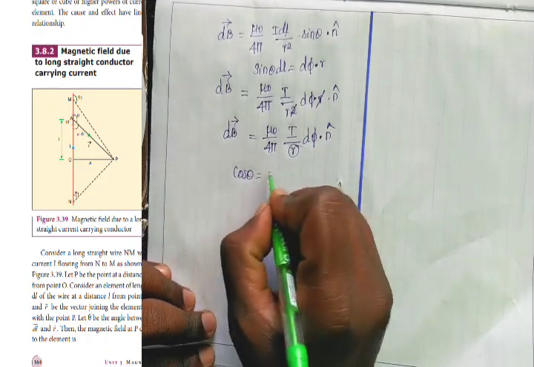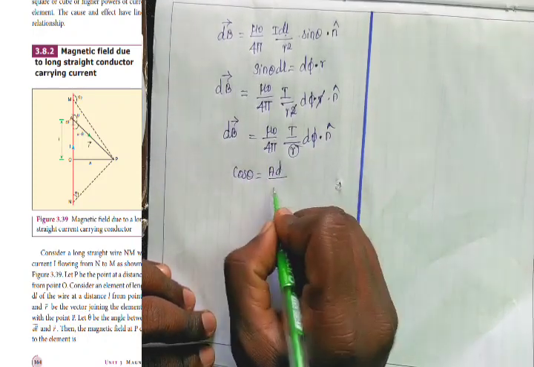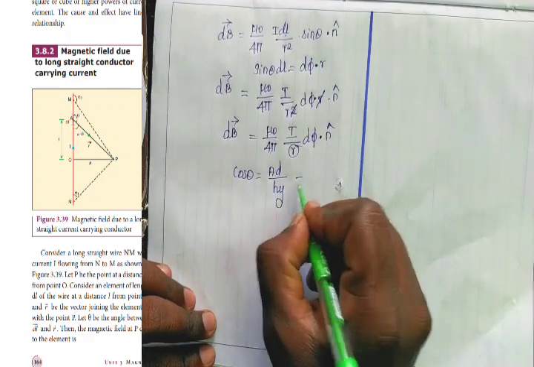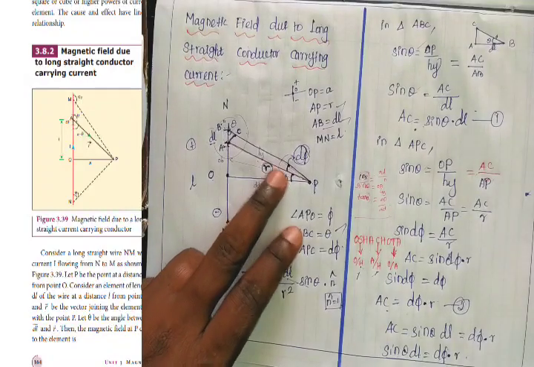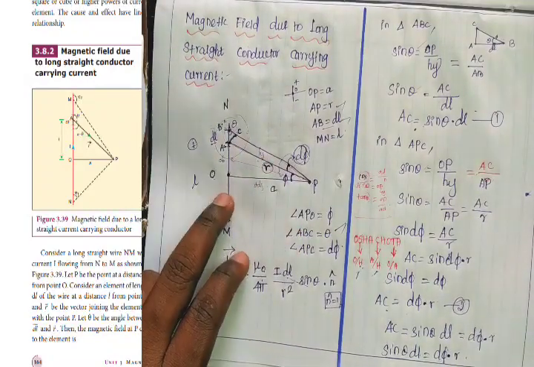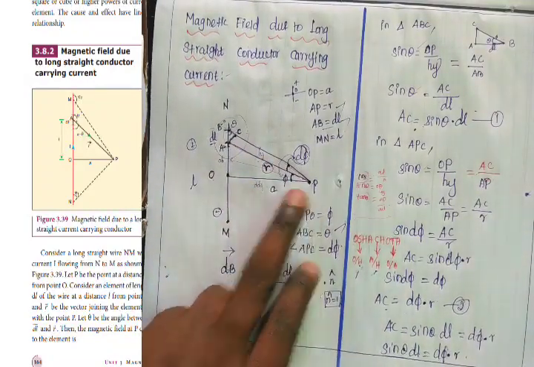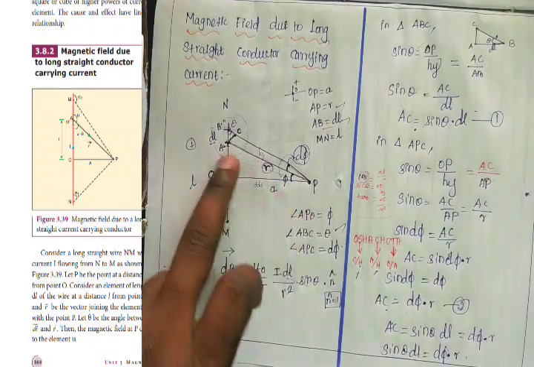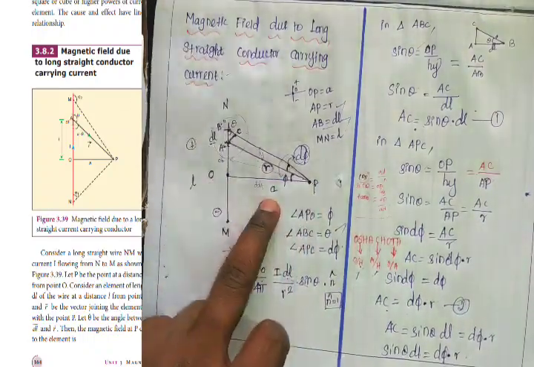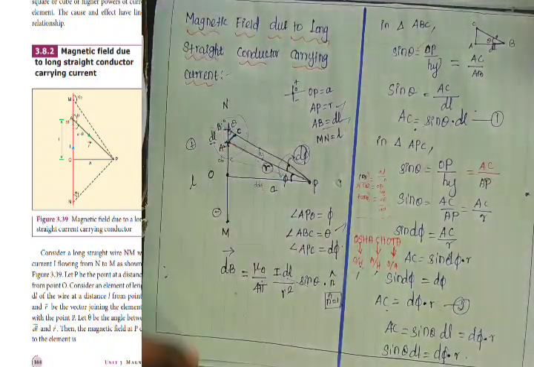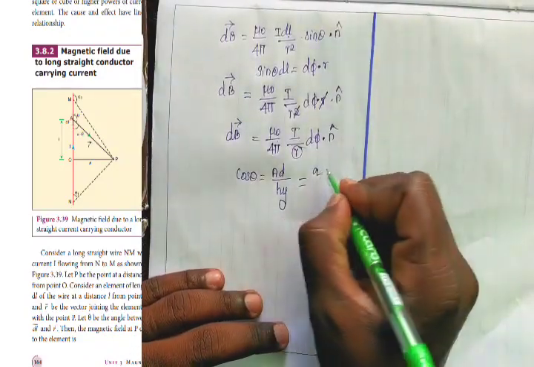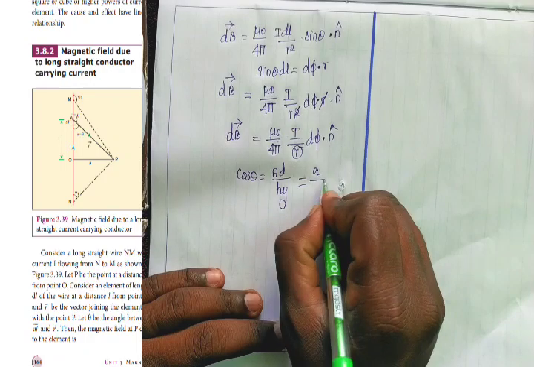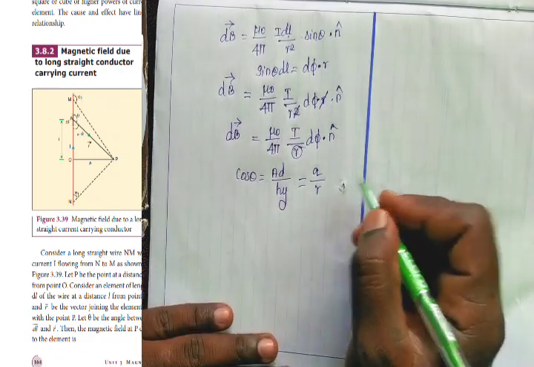Cos theta is equal to adjacent divided by hypotenuse. The adjacent value is OP, the hypotenuse value is AP. OP value is A, and AP value is R. So adjacent value A divided by hypotenuse value R.